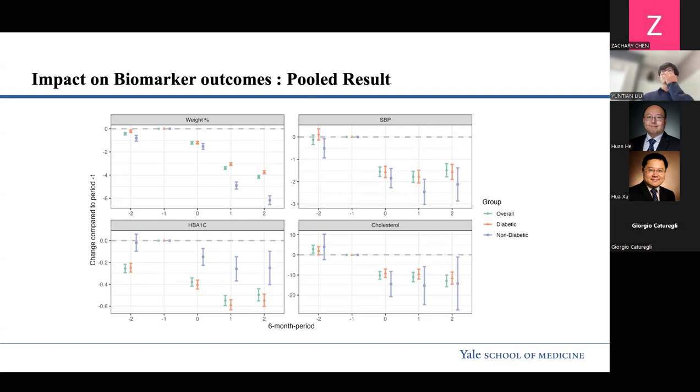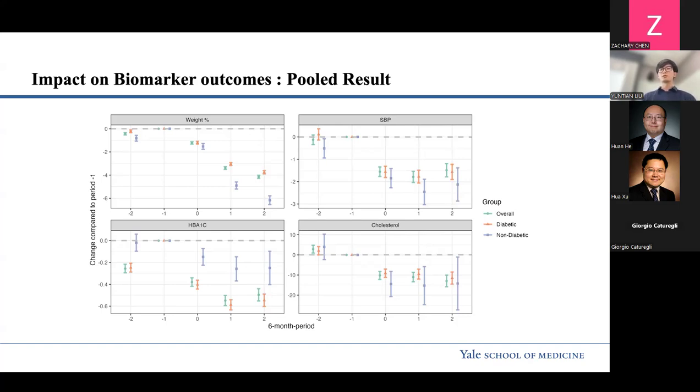That means, for example, if you weigh 100 kilograms at baseline, after you were prescribed semaglutide, no matter if you're taking it or if you adhere to the prescription, in general it gets you about a 4% reduction in weight.